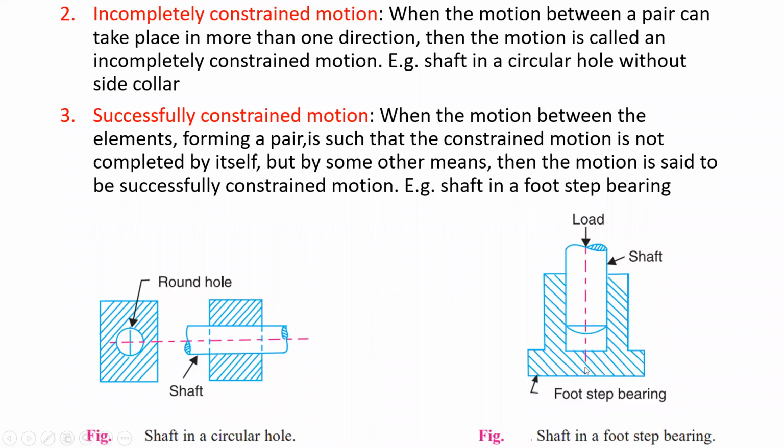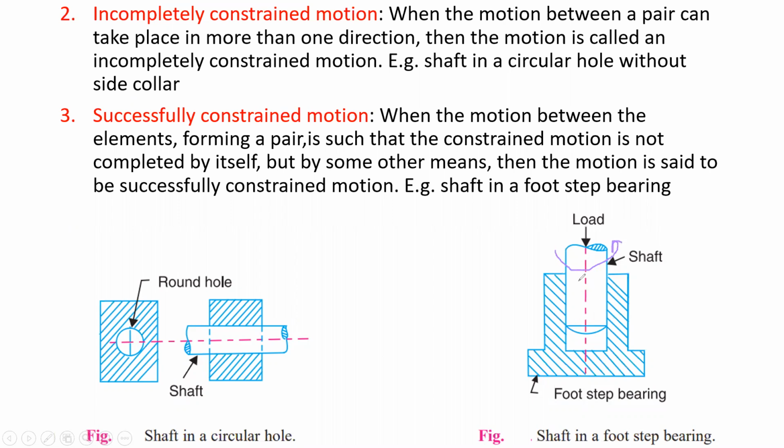It is a foot step bearing and there is a vertical shaft. Now what is happening here? This shaft is rotating like this, it is rotating in this bearing.